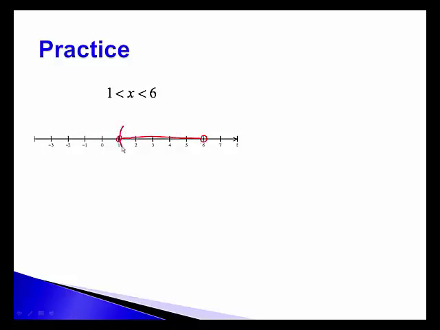Remember that this would be the same as writing this with parentheses. Then in correct interval notation, it would look like this. Open parentheses, 1, 6, close parentheses. That says the interval starts with 1, continues to 6, and does not include the end pieces.